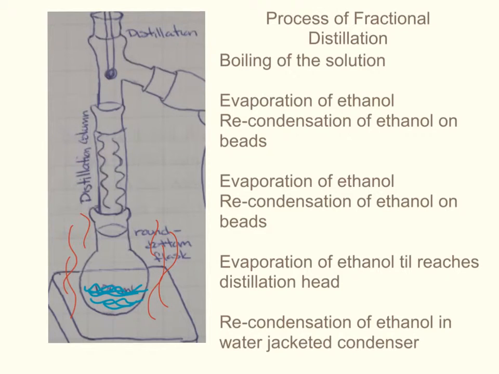The process of fractional distillation starts off the same. It's the boiling of the solution in the round bottom flask, and it goes up into the distillation column. Here is the difference.